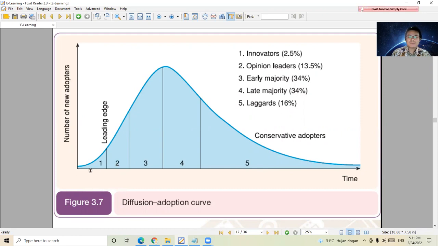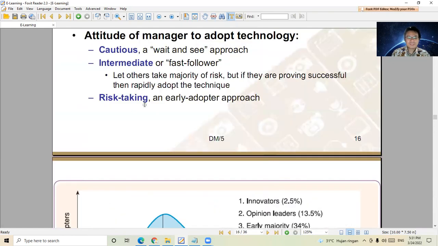innovative product is first introduced, in the beginning, when the product is first introduced, there are the innovators, or we can say the risk takers.